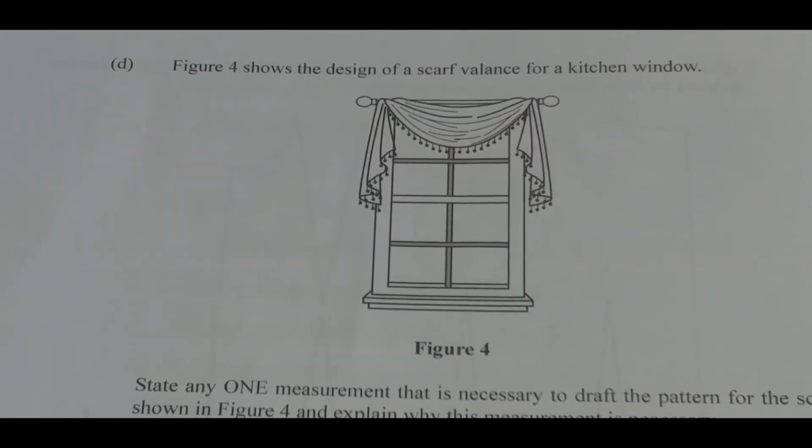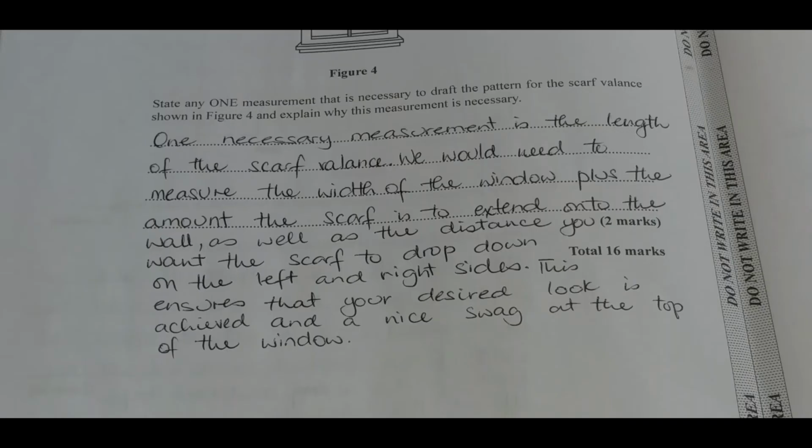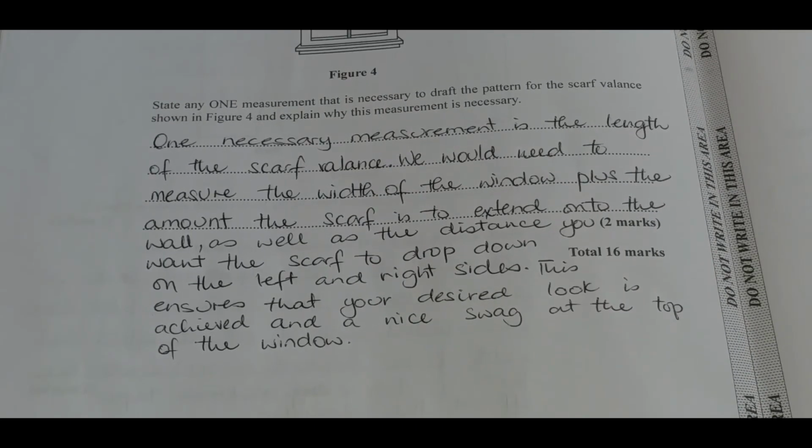Question 5D says, figure 4 shows the design of a scarf valance for a kitchen window. State any one measurement that is necessary to draft the pattern for the scarf valance shown in figure 4 and explain why this measurement is necessary.